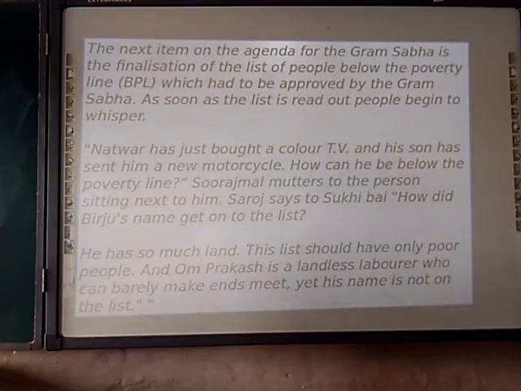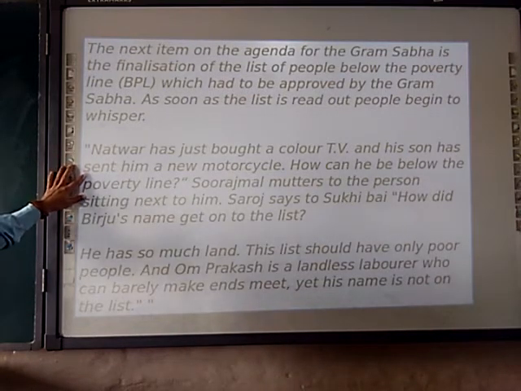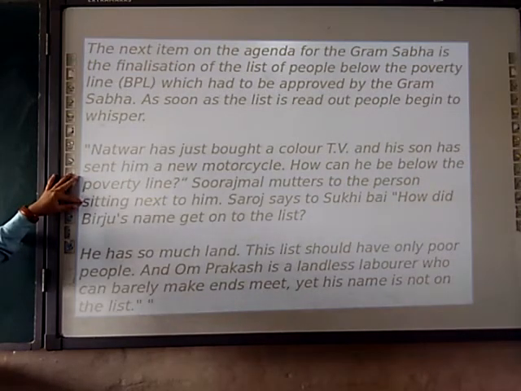Natwar has just bought a color TV and his son has sent him a new motorcycle. How can he belong to the poverty line? Right? Suraj muttered to the person sitting next to him.